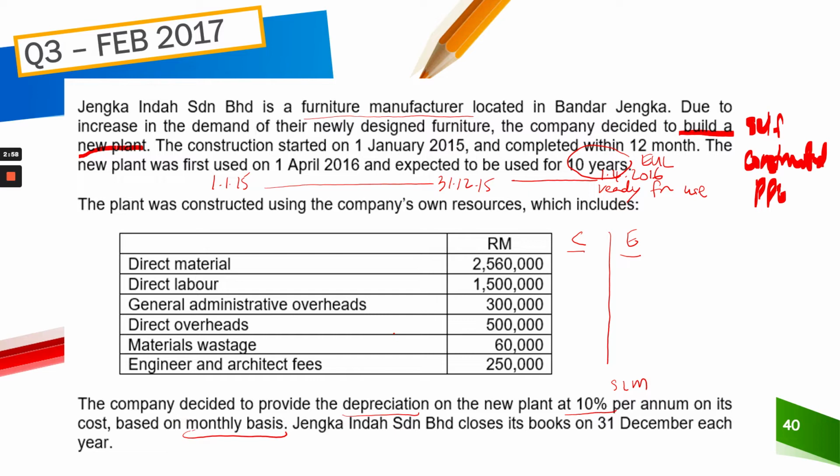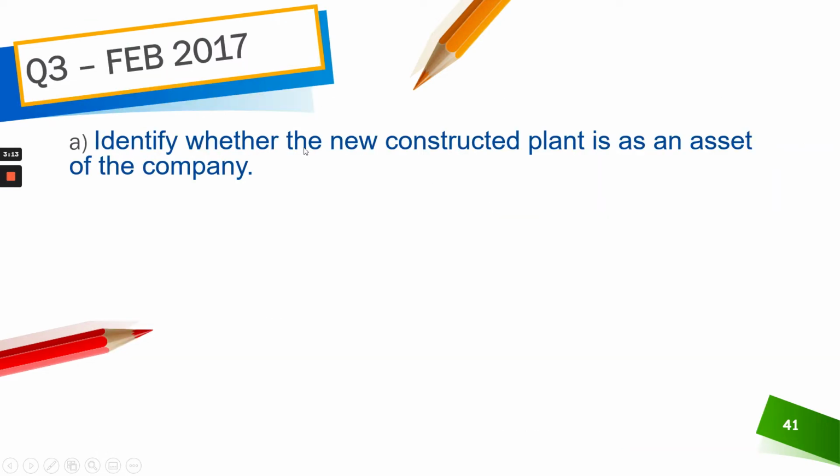The year end of the company, or the reporting date, the financial year end, is 31st of December each year. So for the first year end, we have to look at the requirement: identify the new constructed plant, whether or not the new constructed plant is an asset of the company.